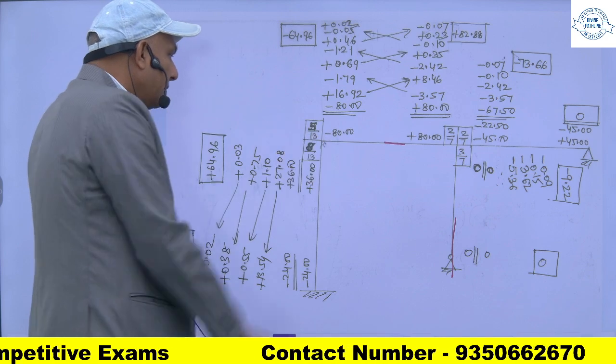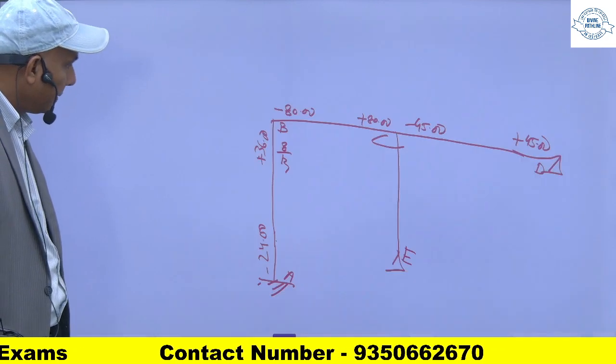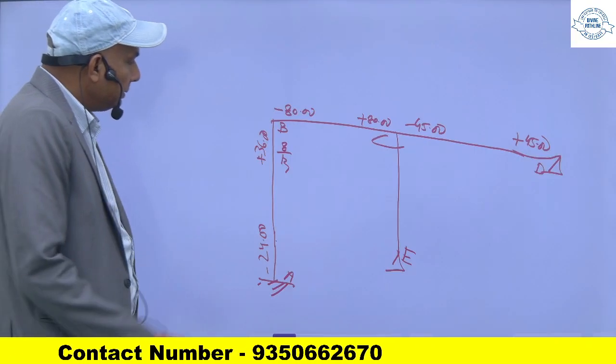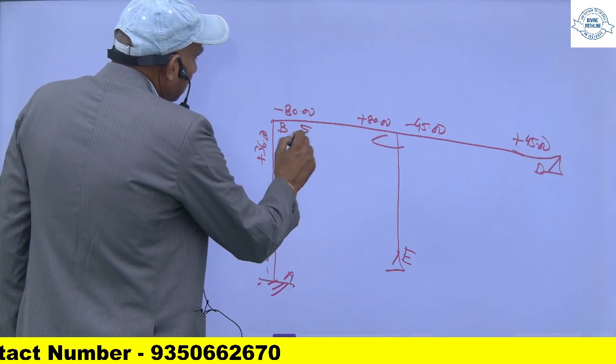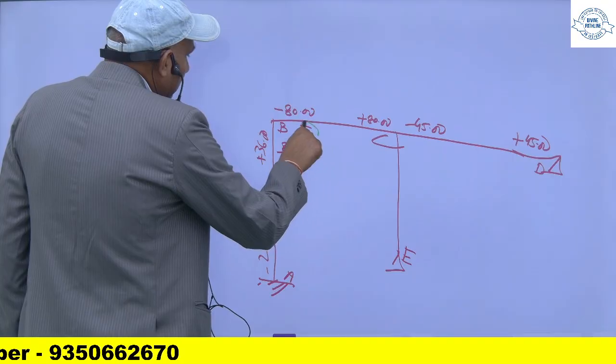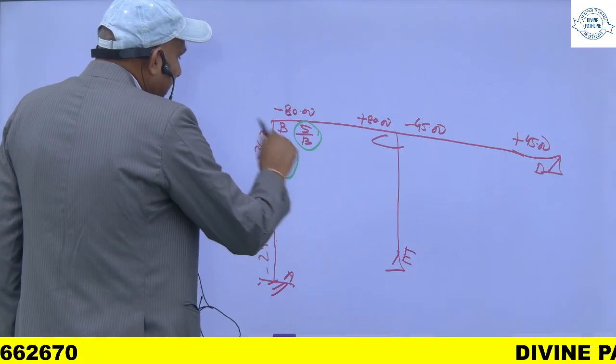So it is 5 upon 13, 8 upon 30, 5 upon 30 is for this, and for this member it is 8 upon 13.